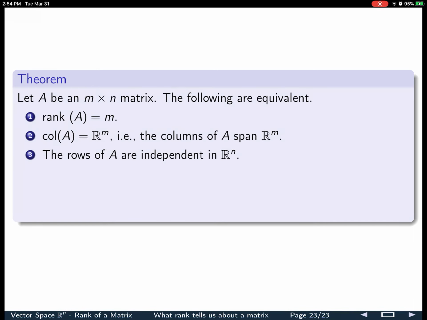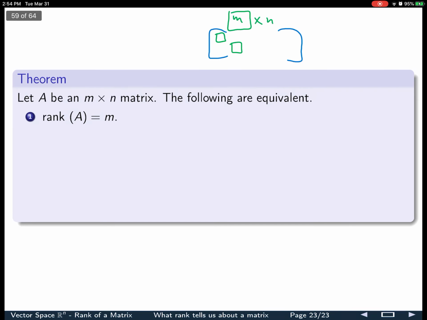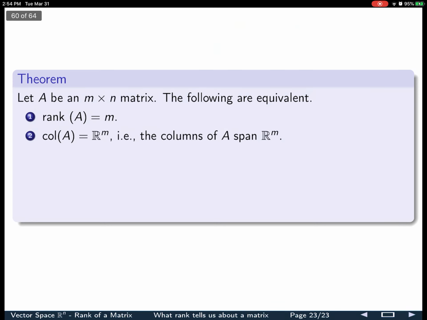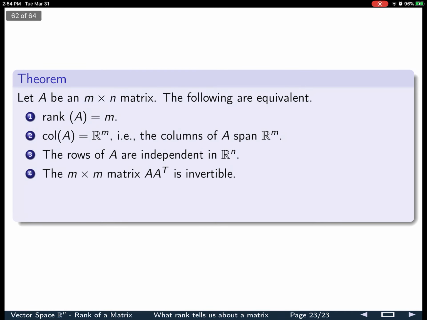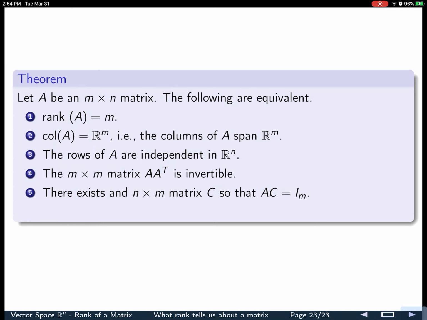The rows of A are independent in Rn. Indeed, there would be two rows that are independent from one another. The m by m matrix, A A transpose, would be invertible. There exists an m by m matrix C. When you multiply on the right by this matrix C, you could get the identity matrix.